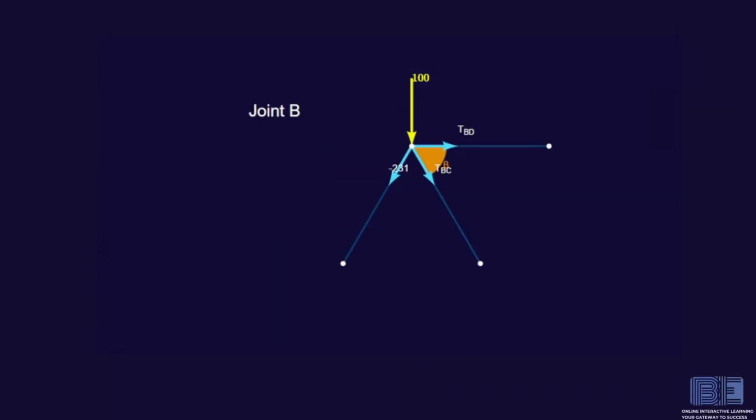At joint B, the y direction equilibrium gives TBC equals 115 newtons and TBD equals negative 173 newtons.